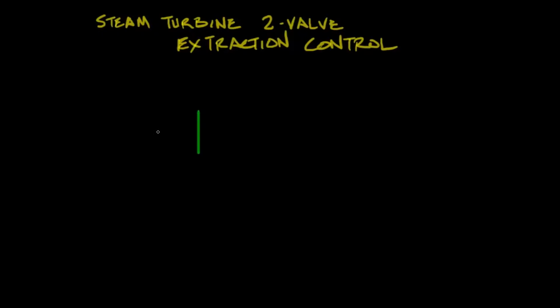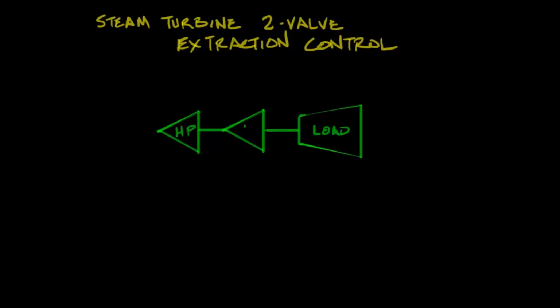So this is a continuation of the steam system discussions that were covered in the olefins plant steam system lesson. Specifically, what we're going to talk about is a two-valve extraction turbine control, where the priorities are power and the turbine inlet steam pressure, or turbine inlet steam flow, technically.